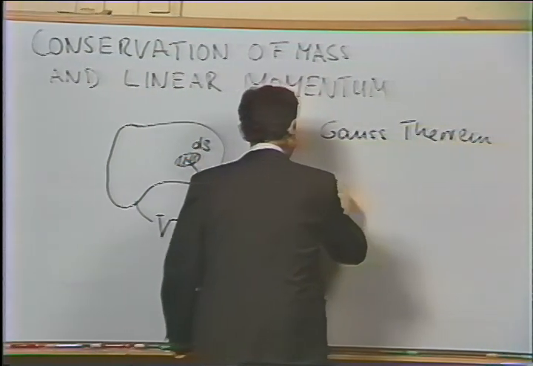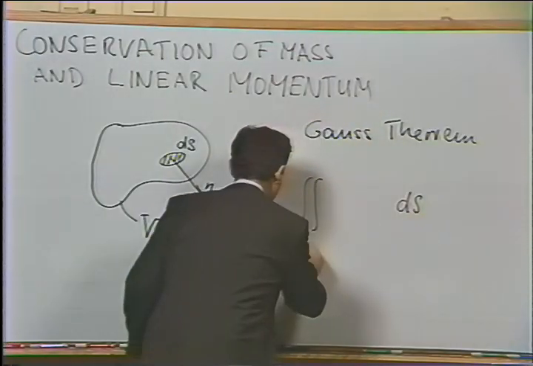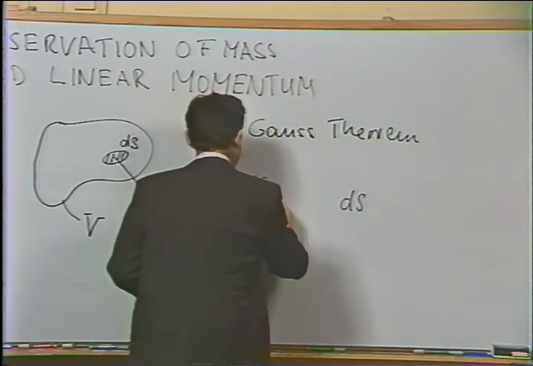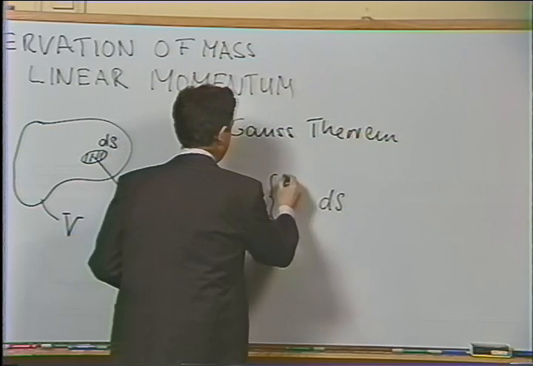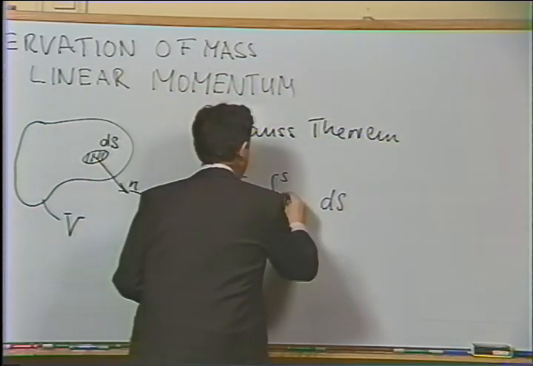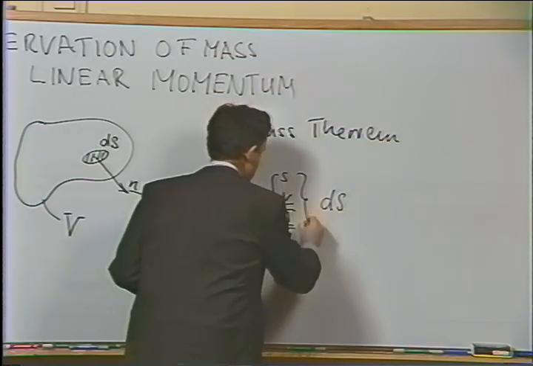You can take the integral over the surface, which is a double integral of a quantity n dot, and this could be a scalar, or it could be a vector, or it could be a tensor, any of those.